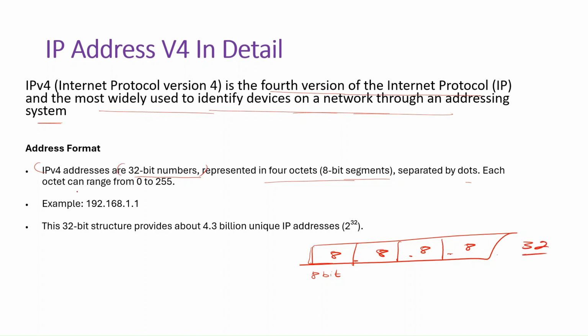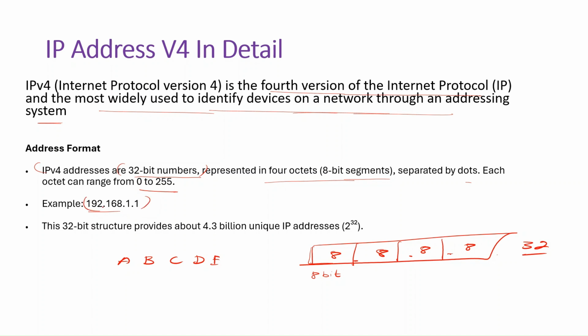This IP address format ranges from 0 to 255, and it has been categorized into class A, class B, class C, class D and class E. An example of an IPv4 address structure is 192.168.1.1.